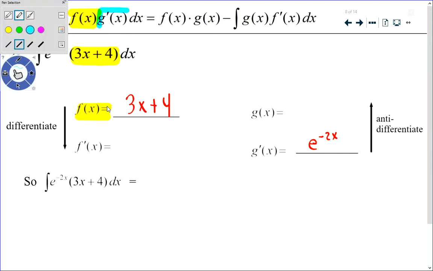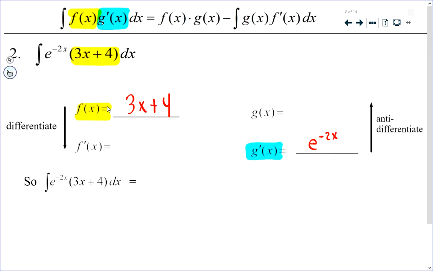So we're choosing something for g prime of x. And we're choosing something for f of x. The product of those two things that we choose have to complete the entire integrand. You can't have anything left over.